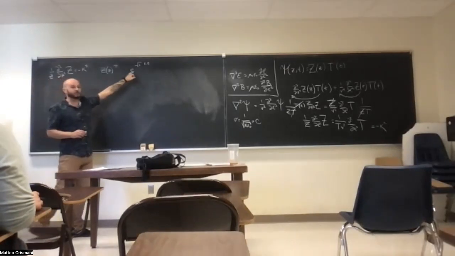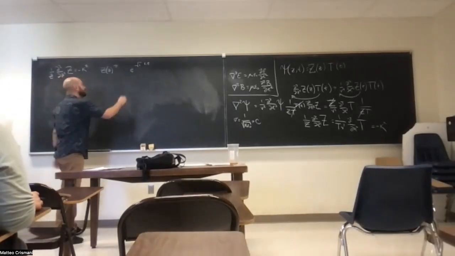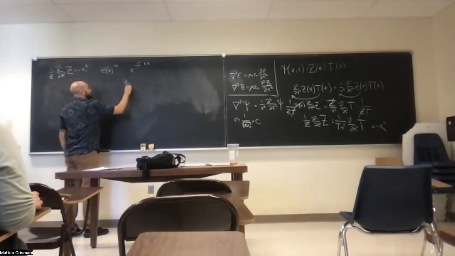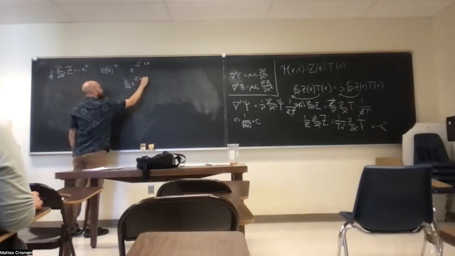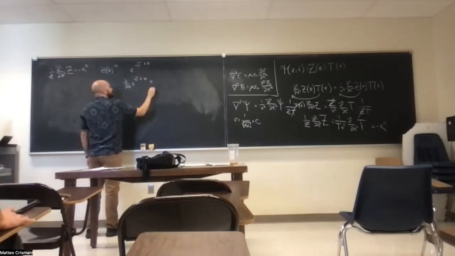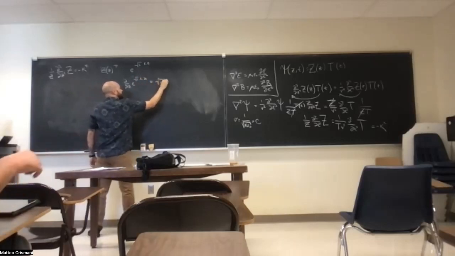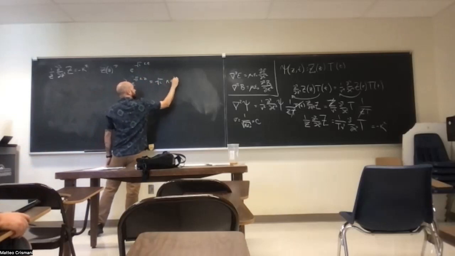Let's do this one here. It would just get us i. I squared is negative one.